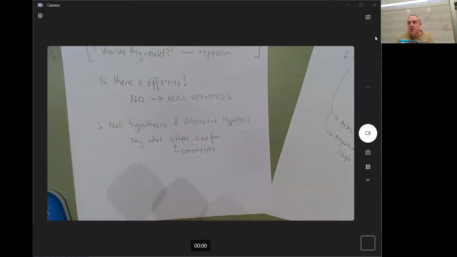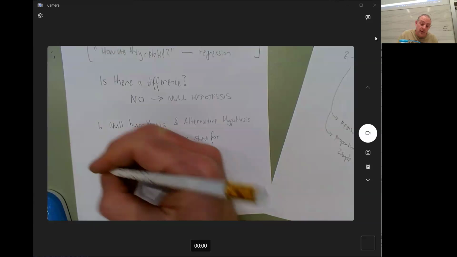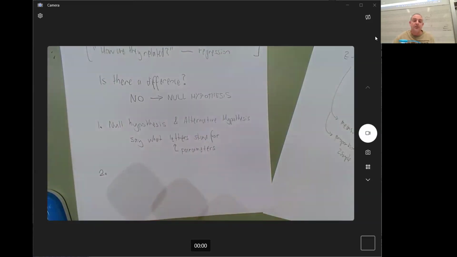Maybe today it's the mean height, maybe tomorrow it's the mean systolic blood pressure, maybe the next day it's the mean weight of the chicks in the experiment or whatever. So you have to say what they stand for. And then the next step is to choose a test statistic.